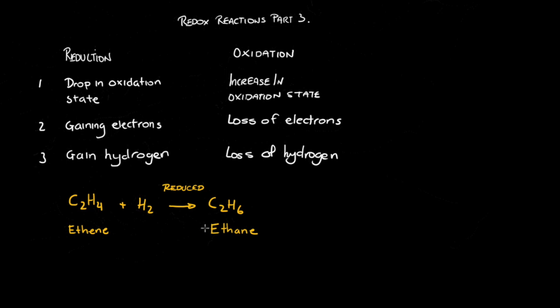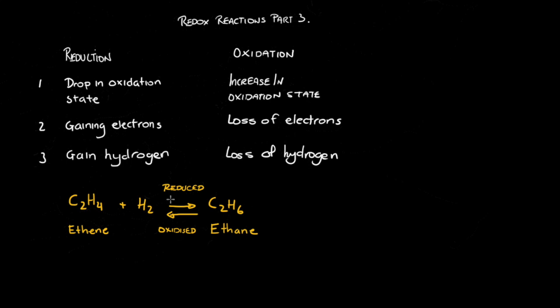Now, we can also remove hydrogen from ethane to get us back to ethene. In this particular instance, we're moving from C2H6 back to C2H4 by losing hydrogen, and this would be known as oxidation. So gaining hydrogen is known as reduction, while losing hydrogen is known as oxidation. This may seem strange because currently all we've spoken about has been the movement of electrons.